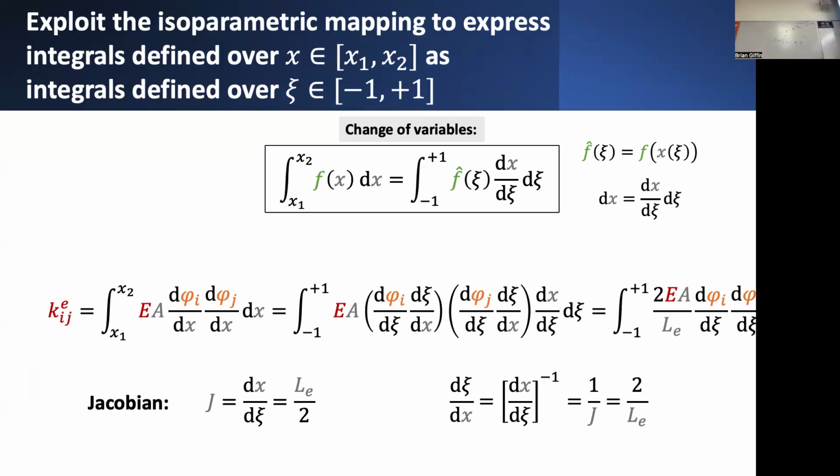And I can substitute integration over x in terms of an equivalent integration over c, where I have to introduce this additional derivative of x with respect to c. Subbing all those things in, I finally get an expression that's expressed entirely in terms of the element local coordinate system, c, ranging from -1 to +1.